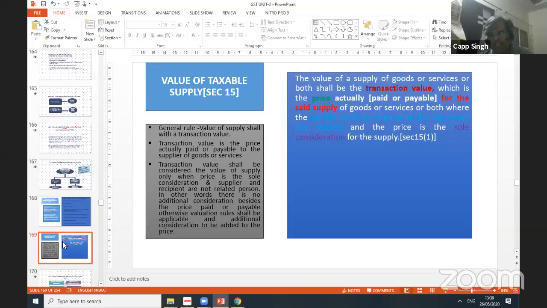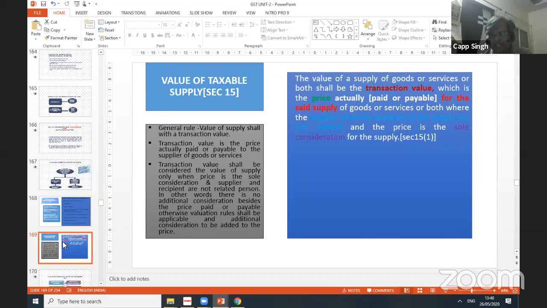The legislature has considered those points, and according to the valuation rule, if supplier and recipient are related persons and have manipulated the transaction price to reduce the tax liability, then open market value shall be considered as the value of supply.